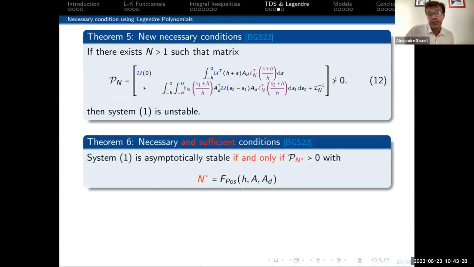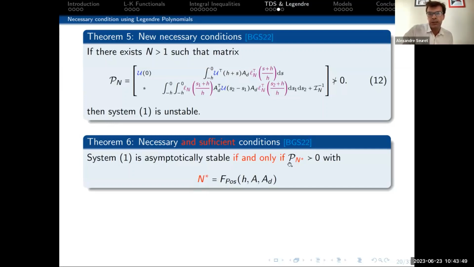But what is really nice again with this framework is that we are also able to find necessary and sufficient conditions for stability of time delay systems, because we are able to estimate the value of n for which the condition has to be satisfied.